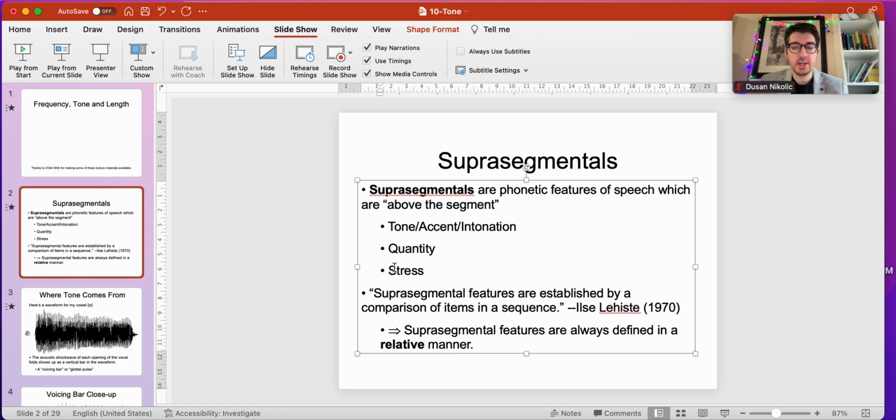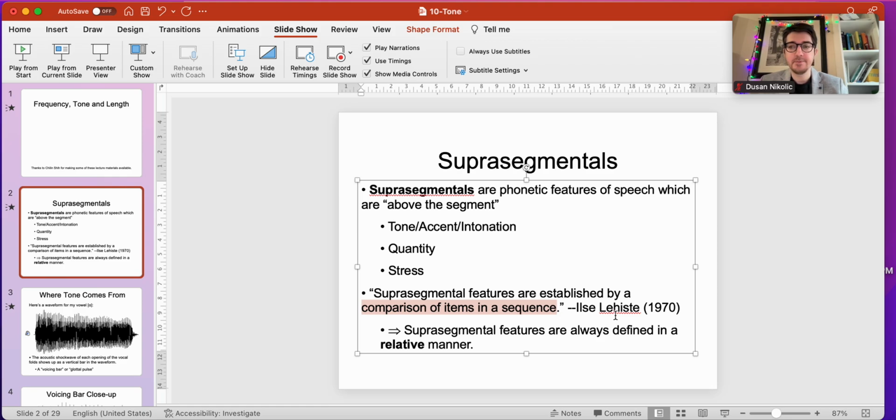We will leave stress for the next lecture, and intonation is something that involves all of these, but it's a little bit different, and it is characteristic of a phrase or a whole utterance, so we won't be talking about intonation today.